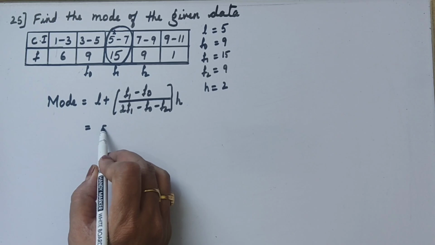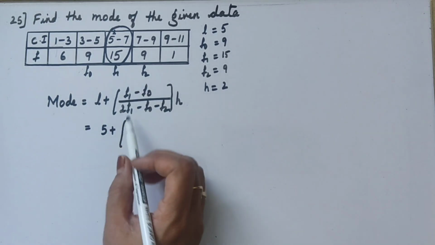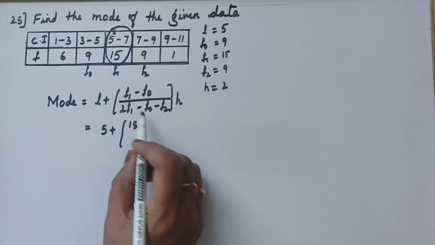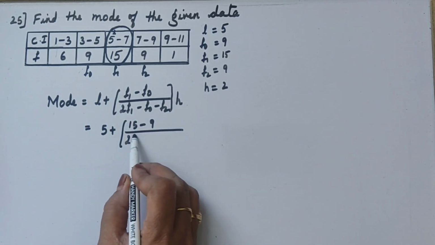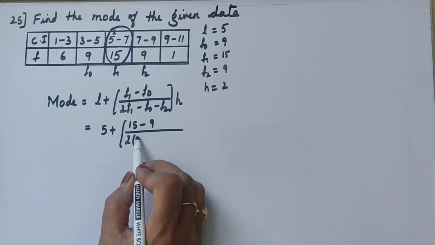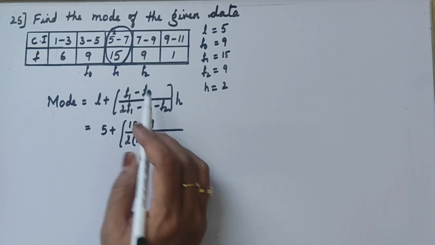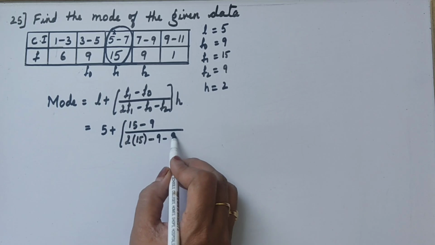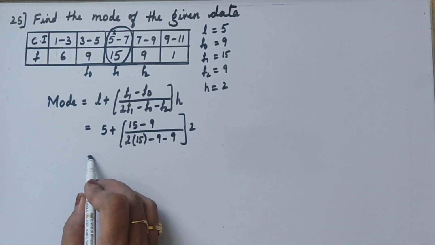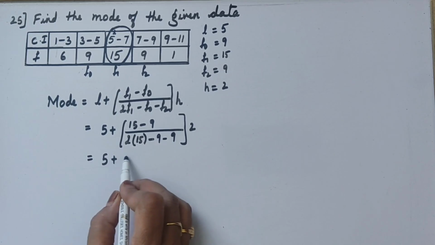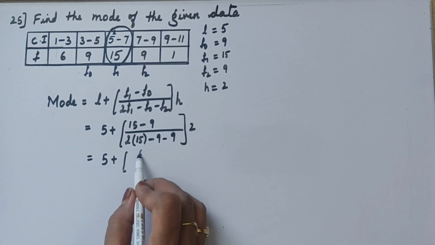L value is 5, plus F1 is 15, F0 is 9, upon 2 into F1 which is 15, minus F0 which is 9, minus F2 which is 9 again, and the size of the class interval is 2, equals 5 plus, when you subtract these two we get 6.